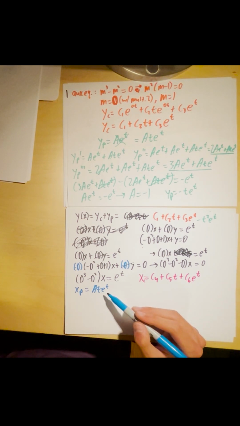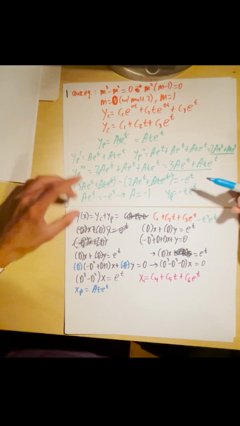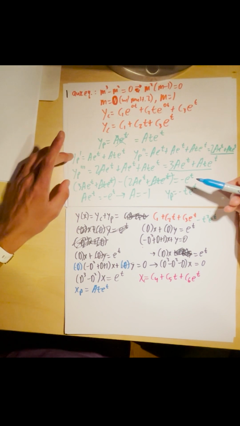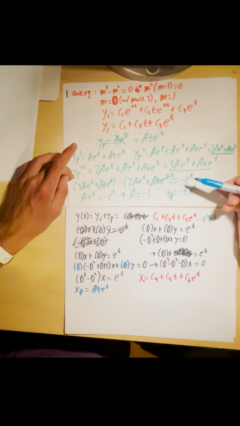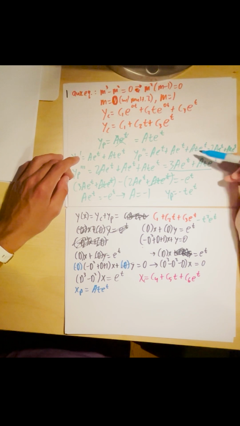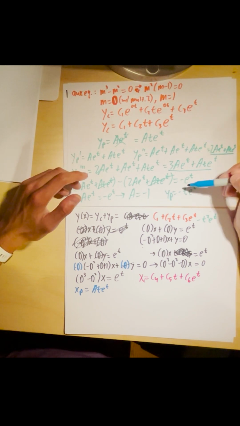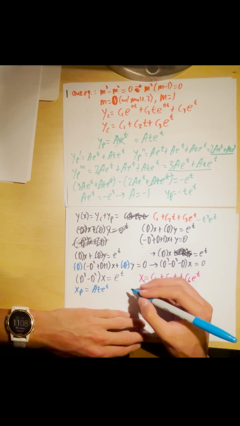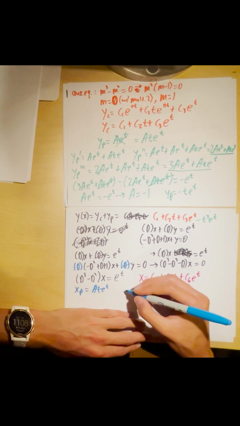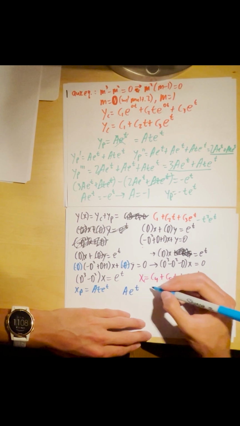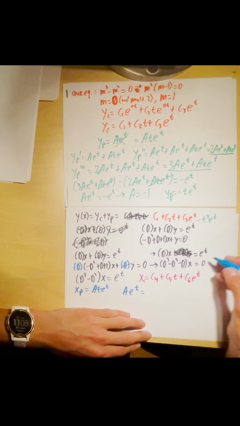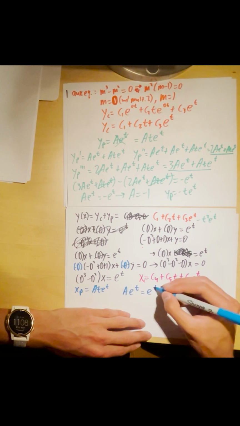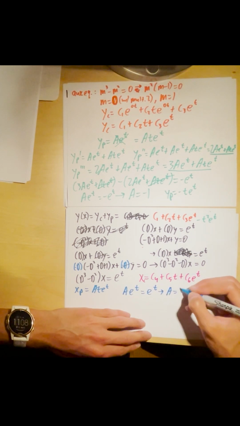When we differentiate this 3 times, we're going to get the same result as what we did for y triple prime of p and y double prime of p, which means when we combine them, we're going to get a e to the t equals e to the t, which means a just equals 1.